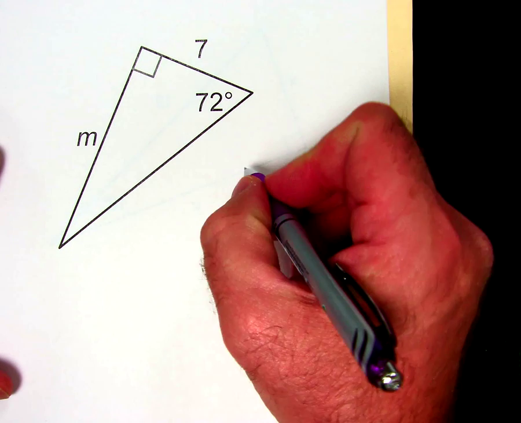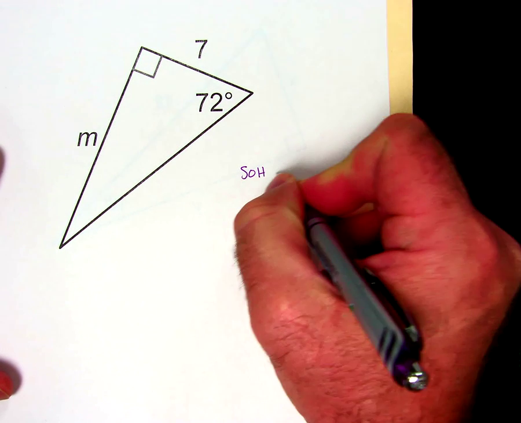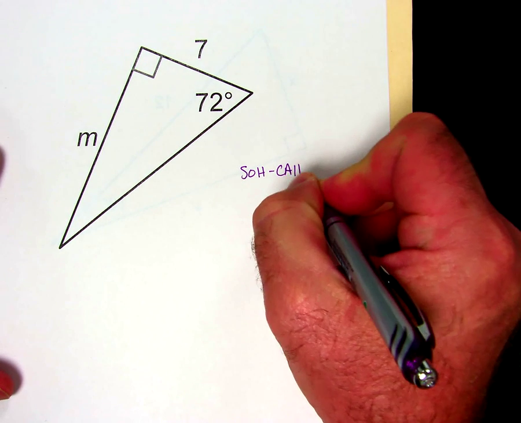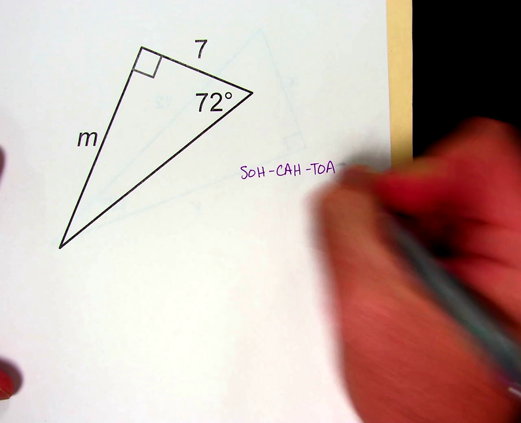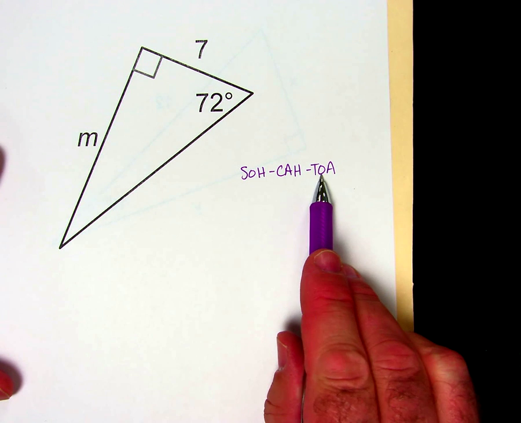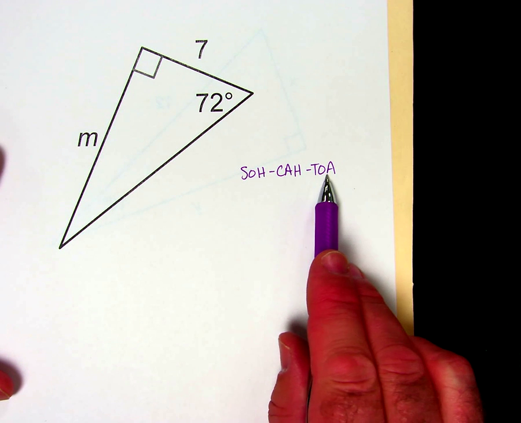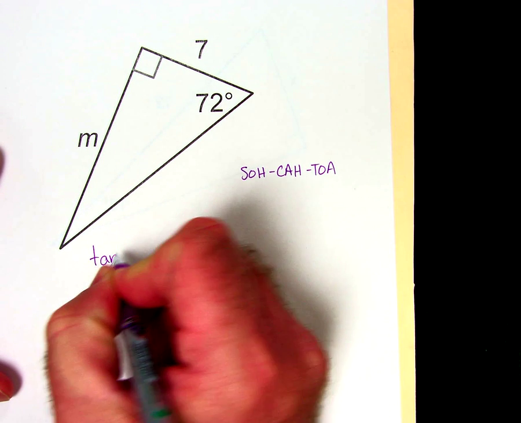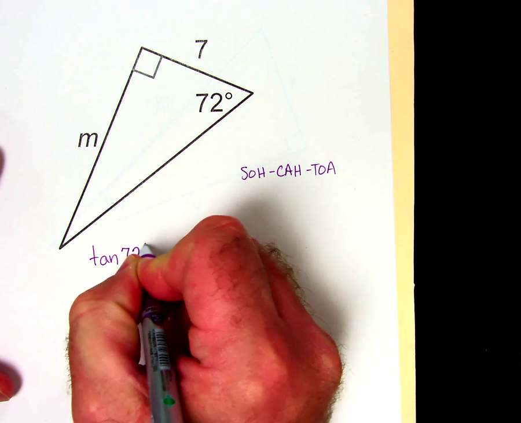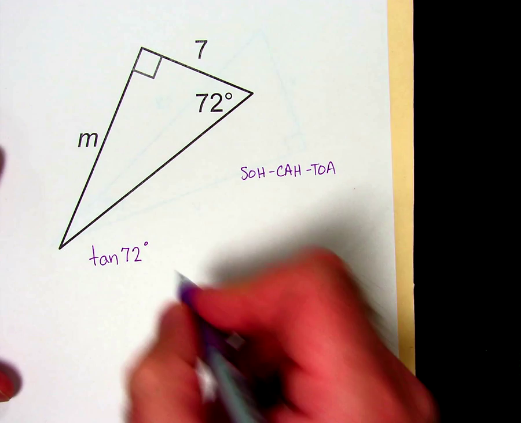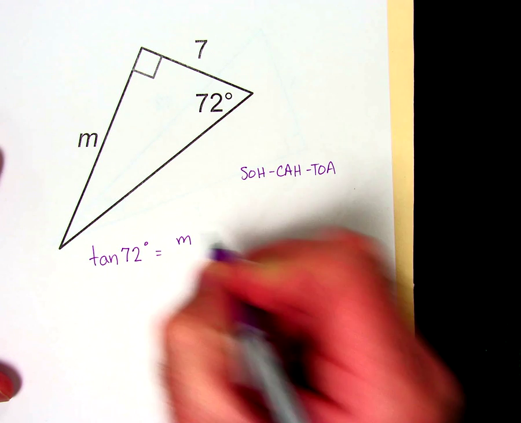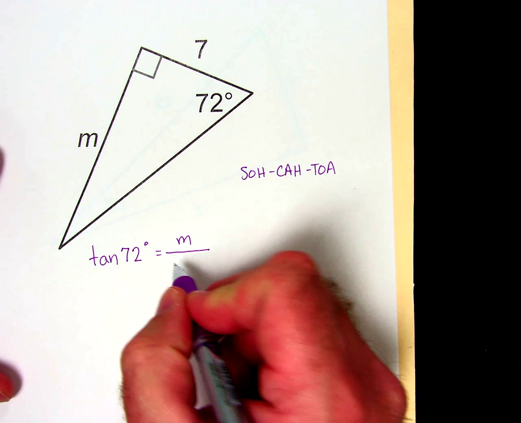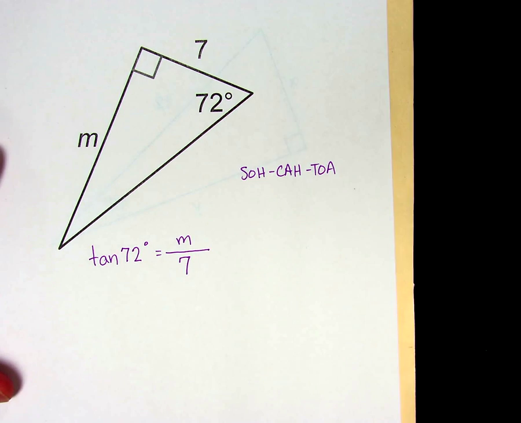So if I'm thinking of SOHCAHTOA, opposite leg, adjacent leg, oh, this is tangent. So the tangent of 72 degrees is equal to the opposite leg, m, divided by the adjacent leg, 7.